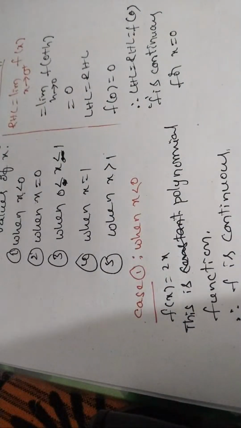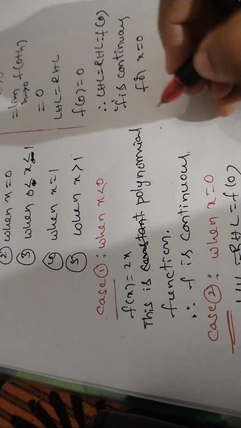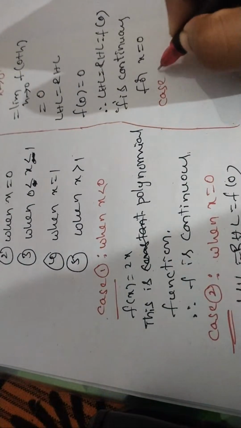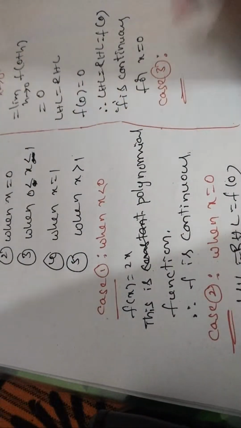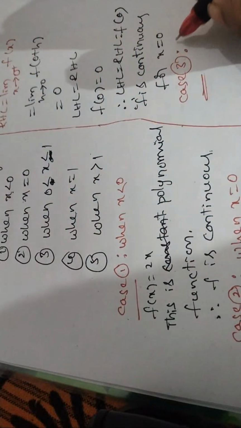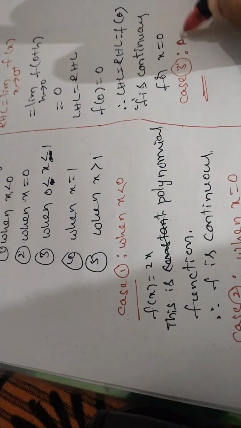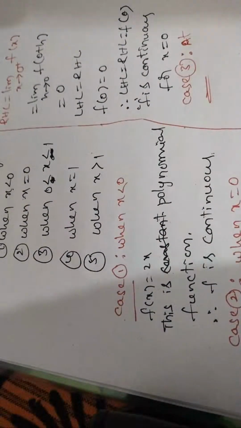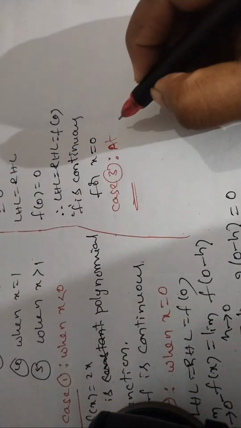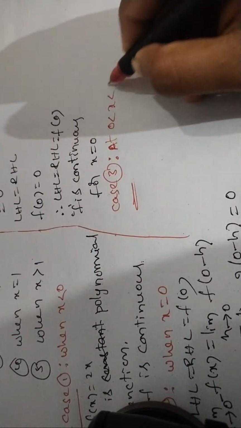Next, case 3. What is case 3? 0 less than x less than 1.